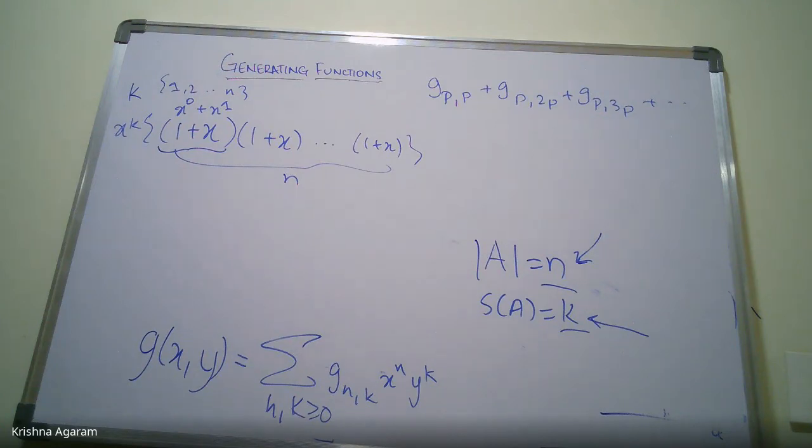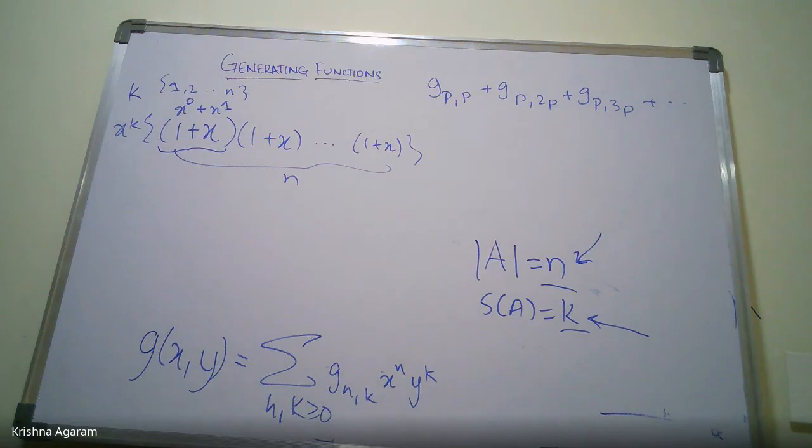Suppose you have 1 to n and you want the number of k element subsets of this. I claim that it's equal to the coefficient of x to the k in (1 plus x) to the n. Why? Is that clear generating function wise? Why it represents that, not just that the answer is n choose k where it's obvious.